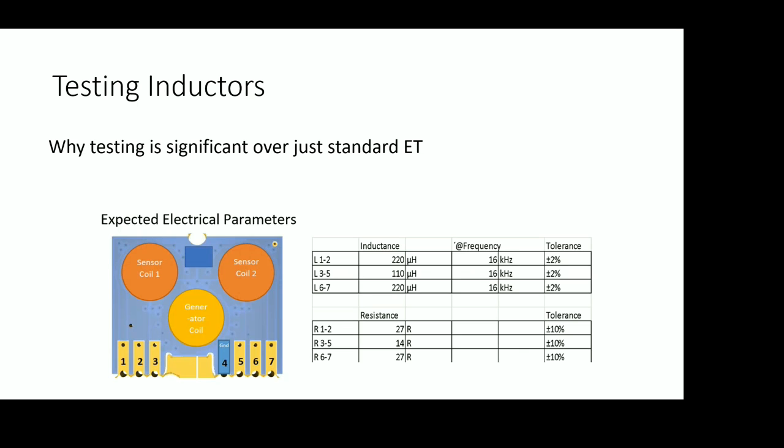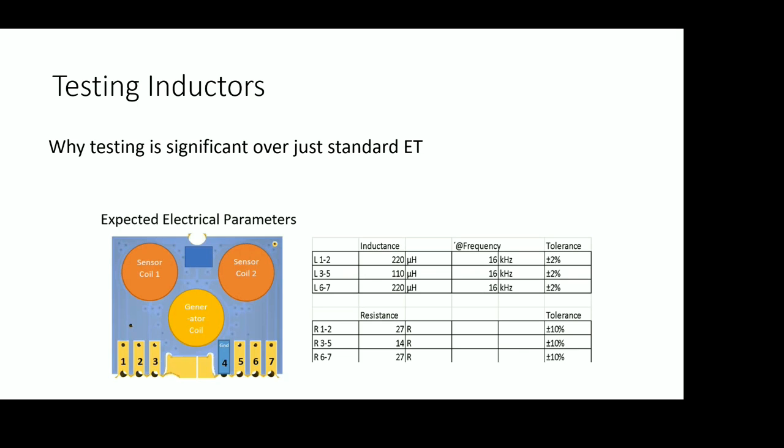If I want 200 microhenries and I want to do it at 16 kilohertz, and I want to have plus or minus 1% or plus or minus 2% on that measurement, you can do that. And the same with your resistance. If you are measuring in the range of 2.7 milliohms, you can set a plus or minus tolerance on that value as well, and it either comes up with a pass or a fail.